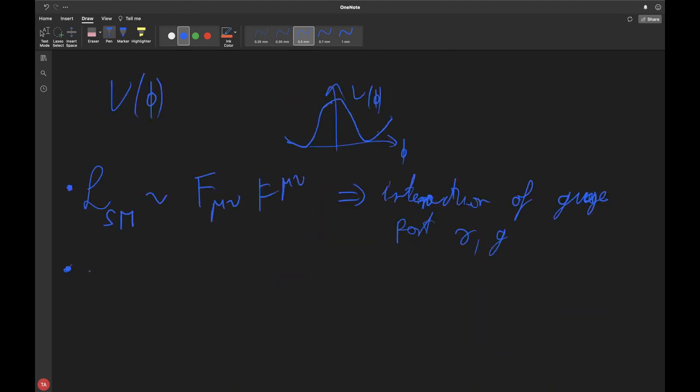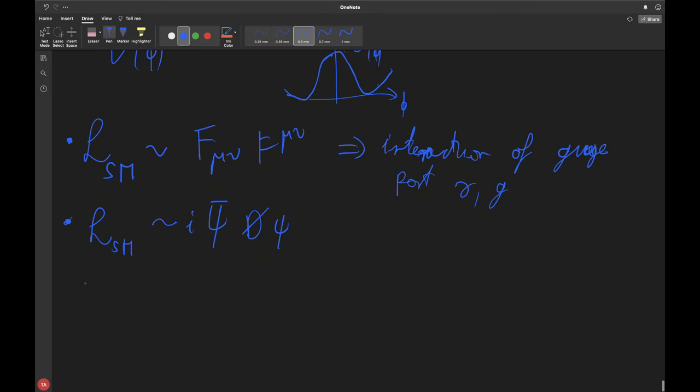It's also customary to include the interaction between the fermions and the Dirac field itself. So we have a term where L_SM is proportional to i, the bispinor, and the change in the spinor field with the slash. So altogether, we get the Lagrangian of the Standard Model.